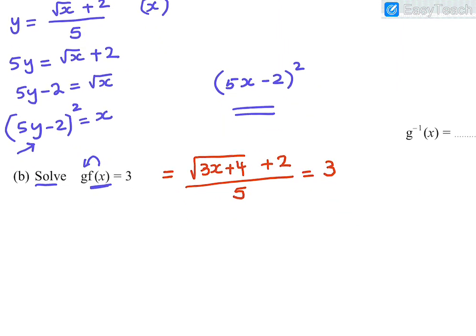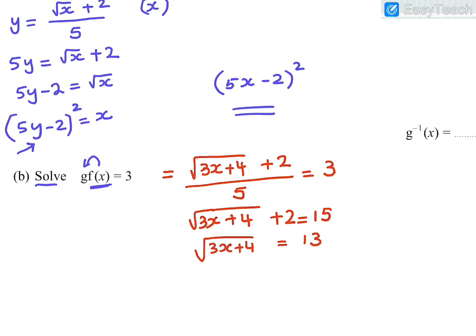So multiplying both sides by 5, that will give us 15 on this side, and then we will have 3x plus 4 and then add 2, and then now take away 2 from both sides, and we have 3x plus 4 equals 13.